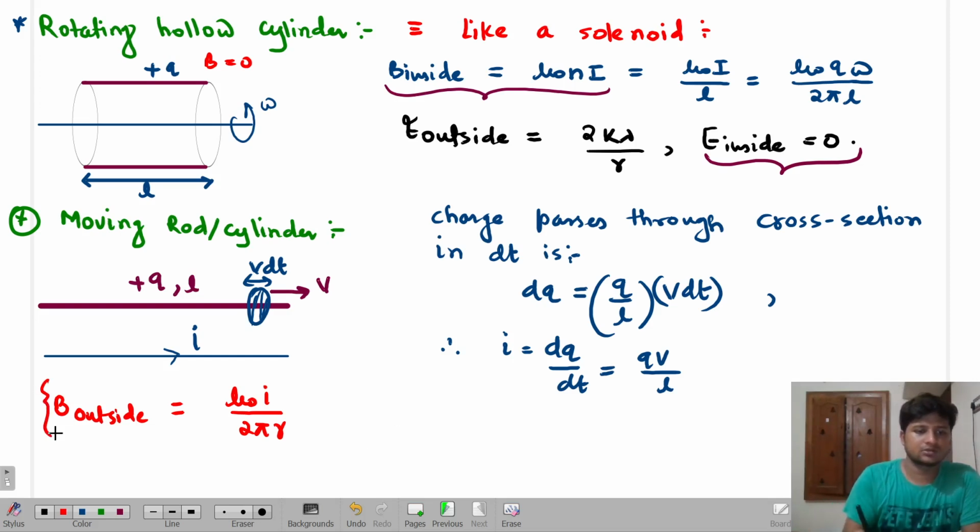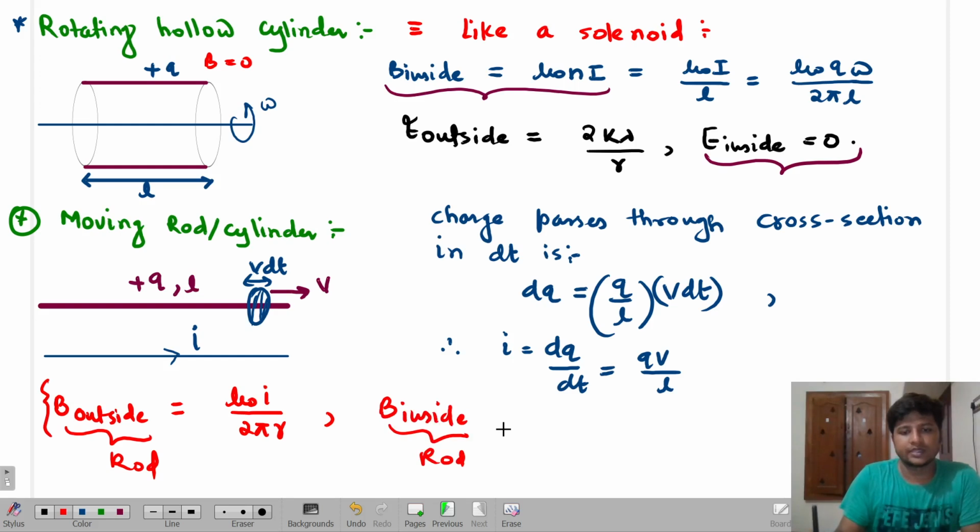So this is B outside of the rod. Second point, B inside of the rod is 0 if the rod is hollow.